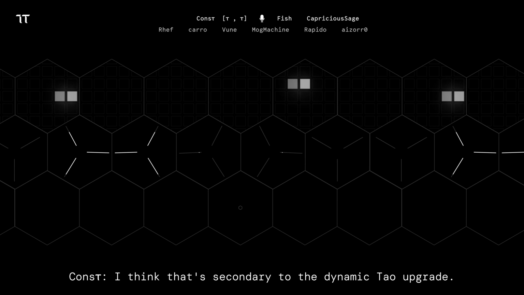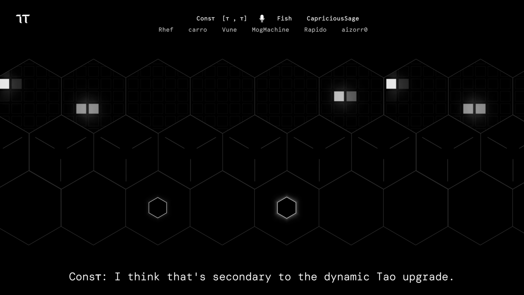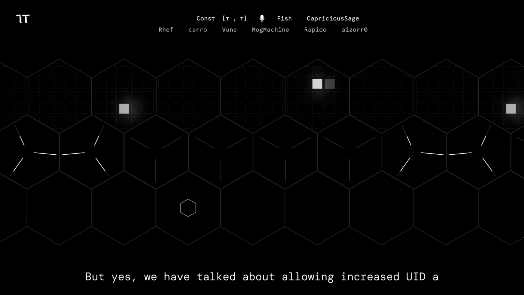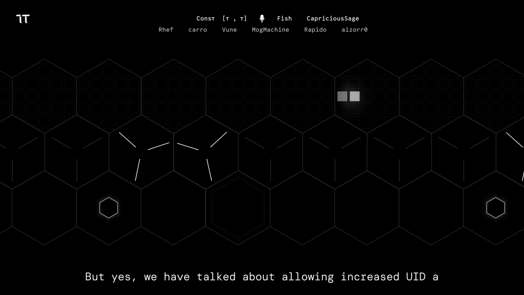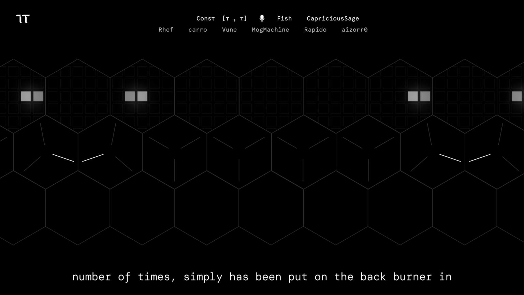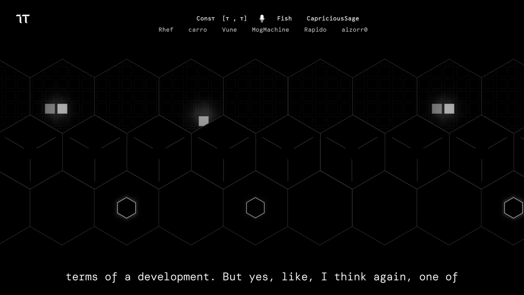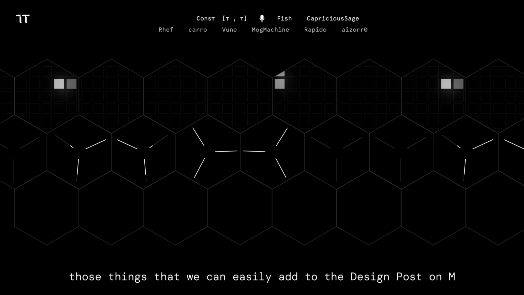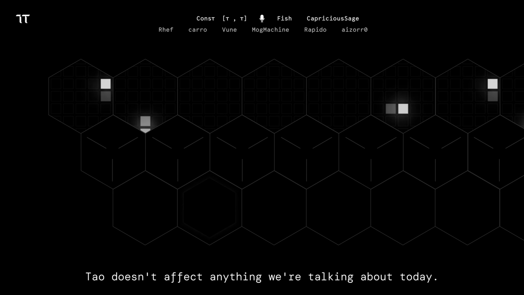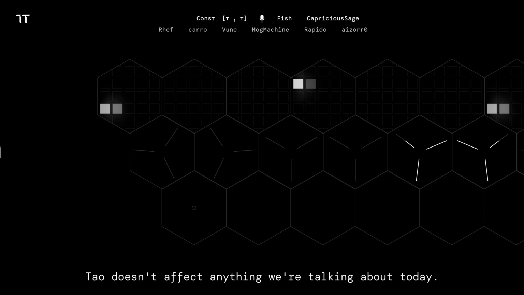I think that's secondary to the dynamic TAO upgrade. But yes, we have talked about allowing increased UIDs a number of times. It simply has been put on the back burner in terms of development. But again, one of those things that we can easily add to the design post dynamic TAO doesn't affect anything we're talking about today.